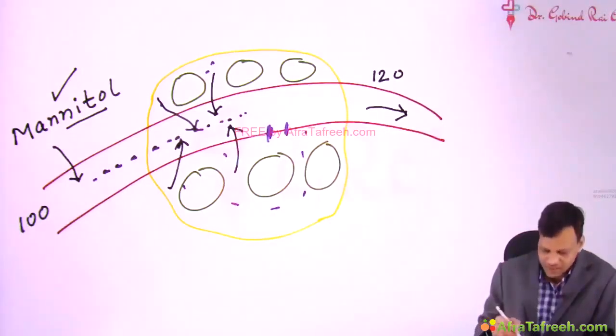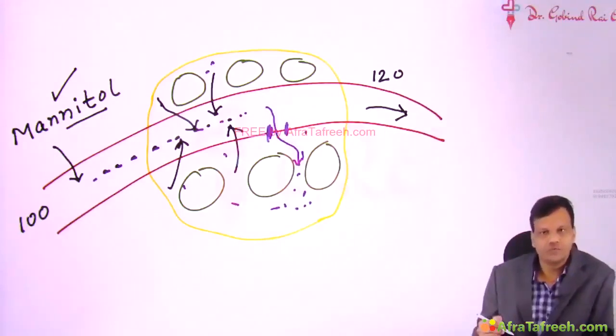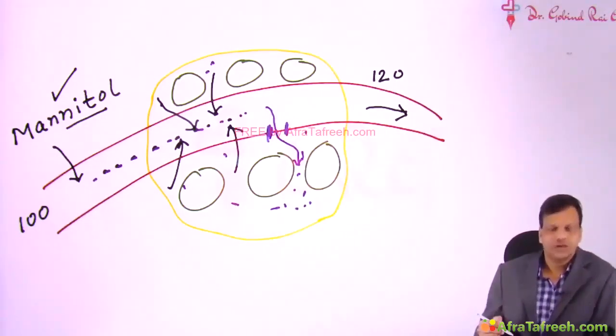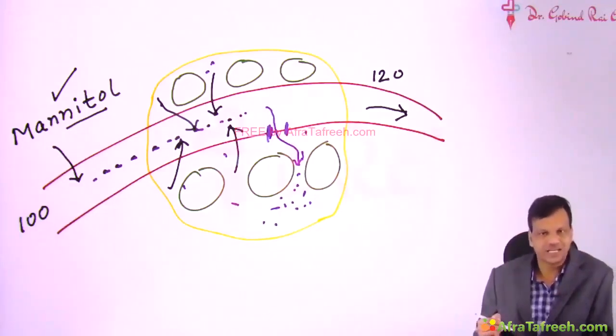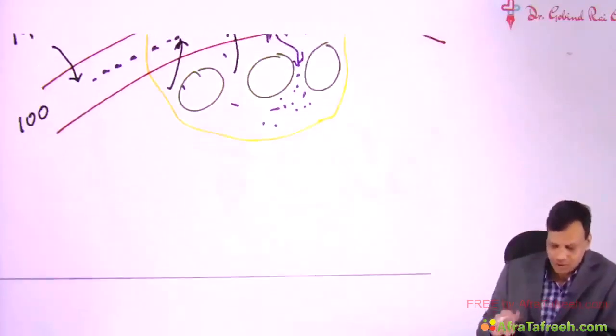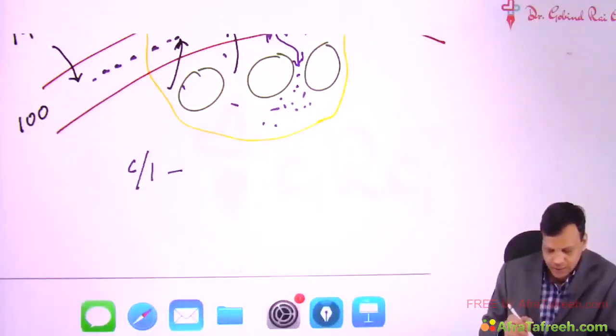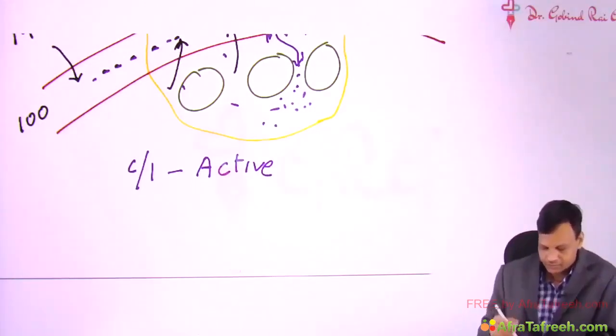Now because the blood vessel is ruptured, mannitol can leak into the brain through this ruptured blood vessel. And we know mannitol exerts osmotic effect. So when mannitol is present here in the brain, instead of decreasing, it will actually aggravate the edema by retaining water. So mannitol is contraindicated during active cerebral hemorrhage.